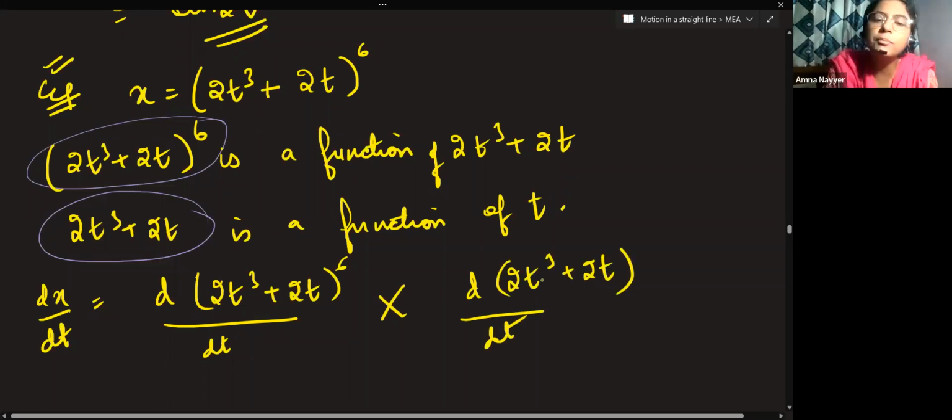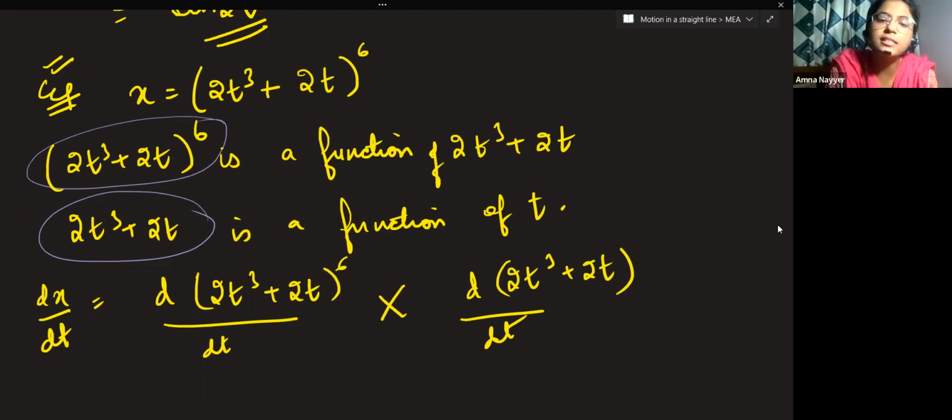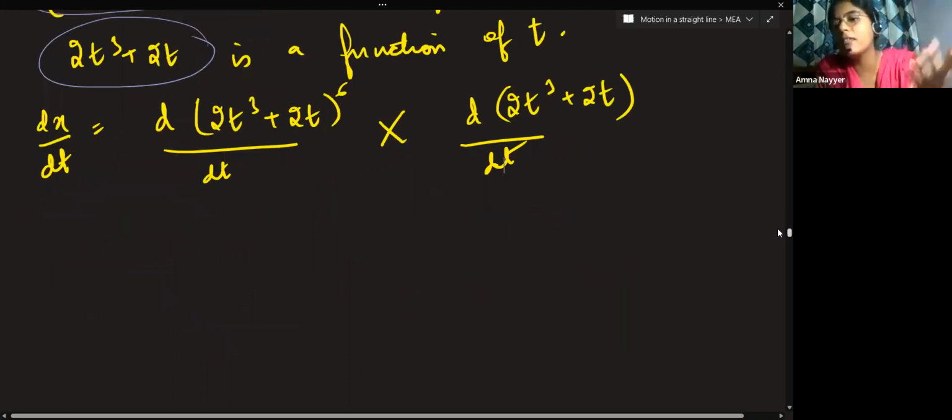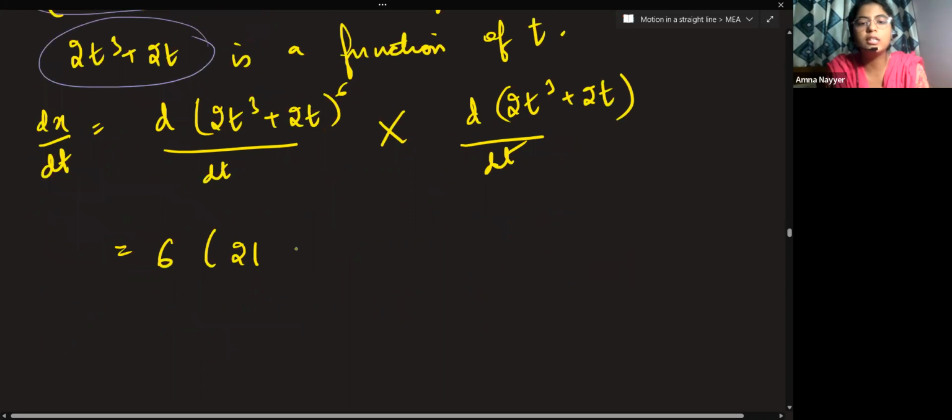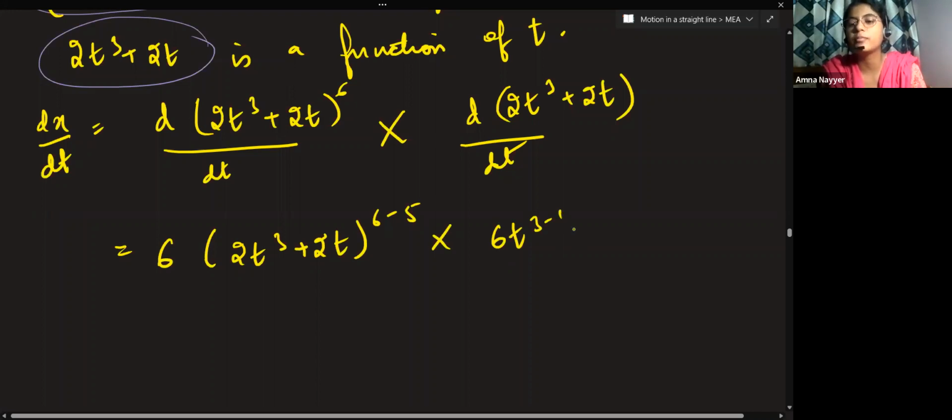Now, if you have the power 6, x to the power n becomes what? n comes out, so this is 6, and what is left? (2t cube plus 2t) to the power 6 minus 1. So this gets multiplied. And you know how to solve 2t cube plus 2t: 3 gets multiplied by 2, that is 6t to the power 3 minus 1, plus 2t to the power 1 minus 1.